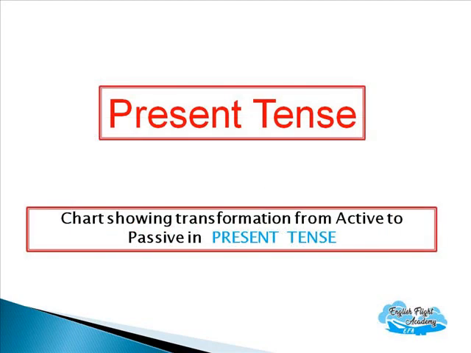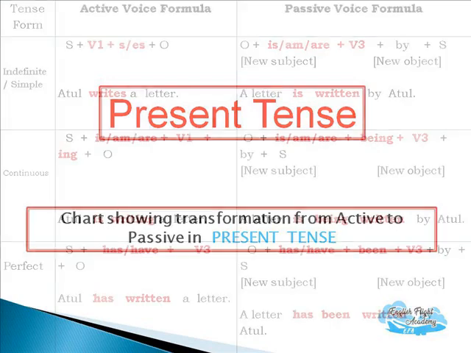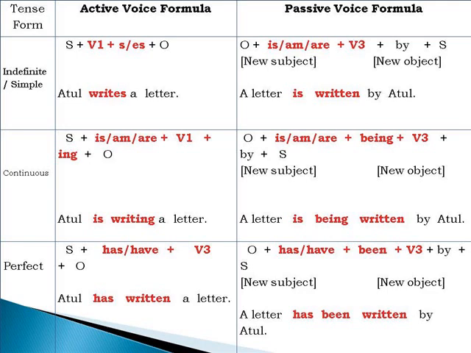So here at a glance you can see the chart showing transformation from active to passive in present tense. Simple present tense formula, active voice formula: subject plus verb 1 plus s or es plus object, and the passive voice formula is object plus is/am/are plus verb 3 plus by plus subject.